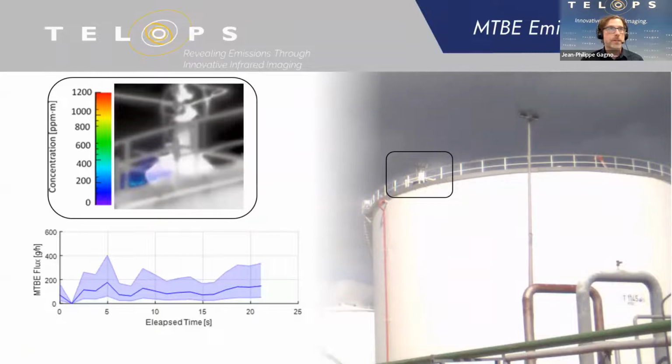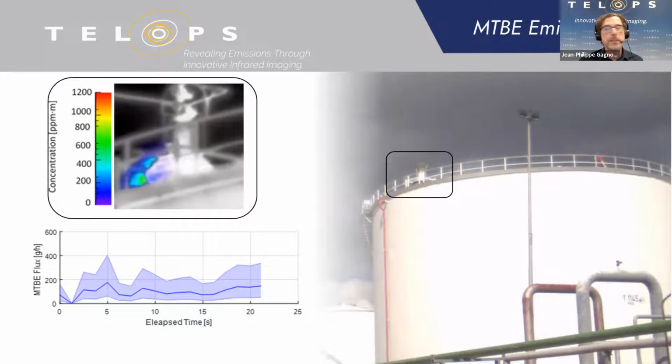The first one is from a storage tank. It was in the process of being filled with MTBE. And when looking at the top of that storage tank with the Hypercam, we found a leak.